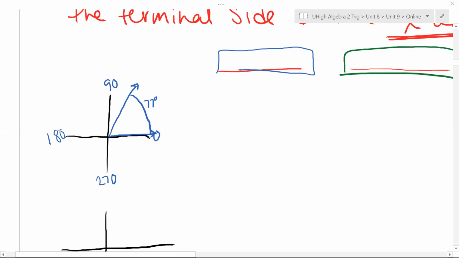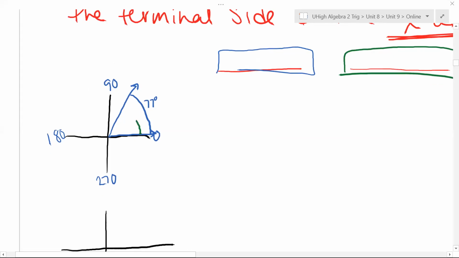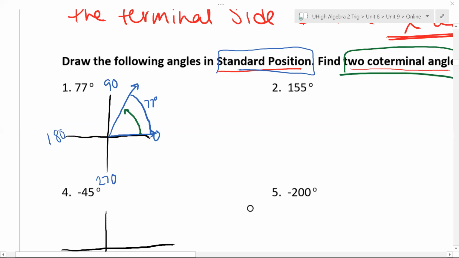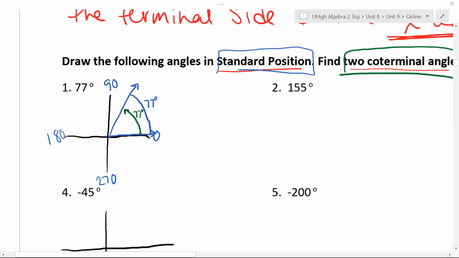So the first is if I start at that initial side and I go to my terminal side, going counterclockwise, that's going to give me the same 77 degree angle. And since I'm going counterclockwise, that's going to be positive.